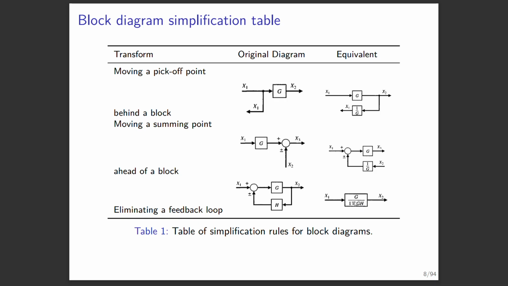The sign is the opposite of the sign I have in the feedback. So if I have a negative feedback, which is more common in this course, I have G, H, and then a negative feedback, I'm going to have G divided by 1 plus GH. If I have a positive feedback, I will have a negative sign here.